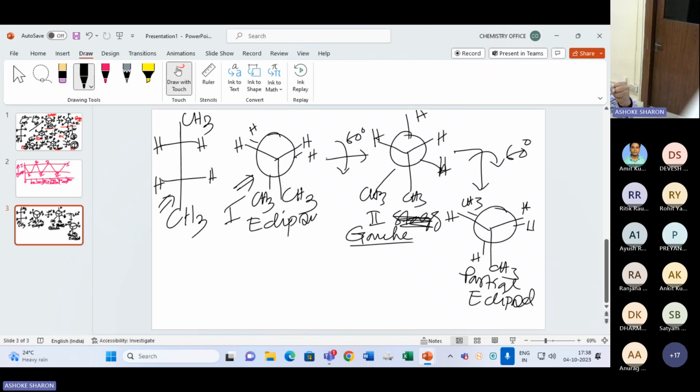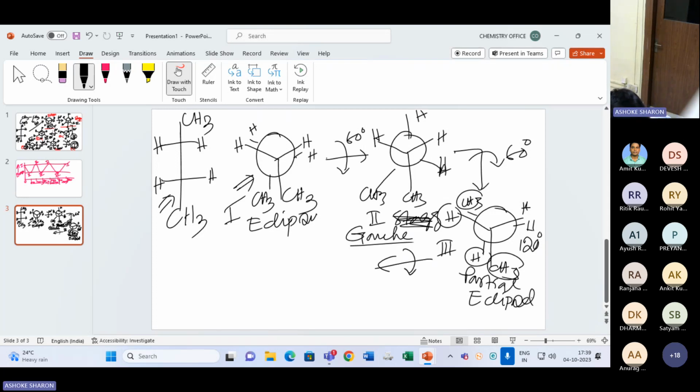They are facing each other equally, because the two are the bulky groups. Now here you can see one CH3 is facing a hydrogen, another CH3 is facing a hydrogen. So that means there is a little bit less strain compared to structure number 1. So this is very important. So this is structure number 3, when the dihedral angle is a total of 120 degrees, because you did the 60 degree operation two times. So that's why it's 120 degrees.